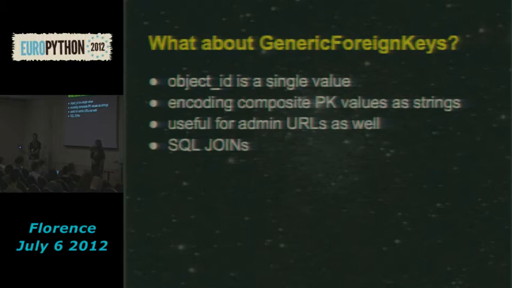This works quite well as long as the table pointed to has one column as its primary key. To support composite primary keys pointed to by generic foreign keys, we need to do, again, something similar to what we need with admin URLs. So we need to create one value which contains all the required information.